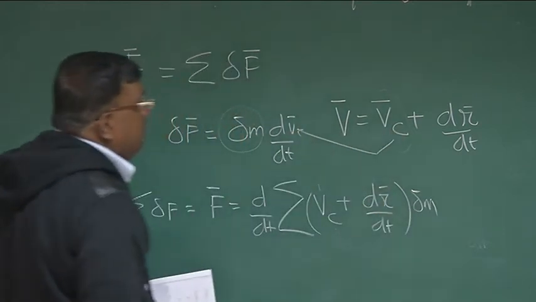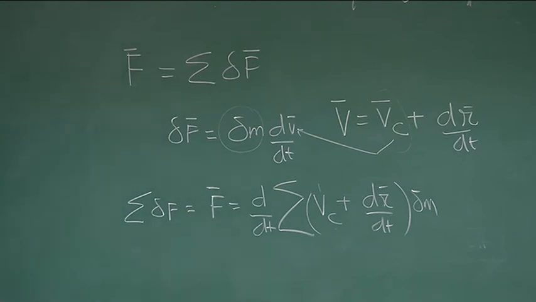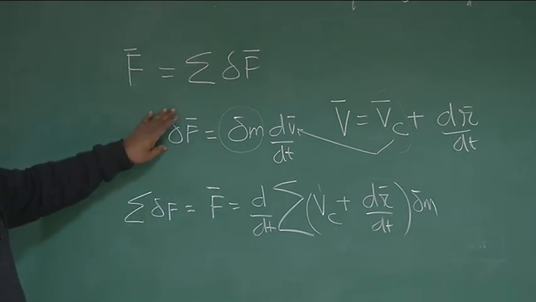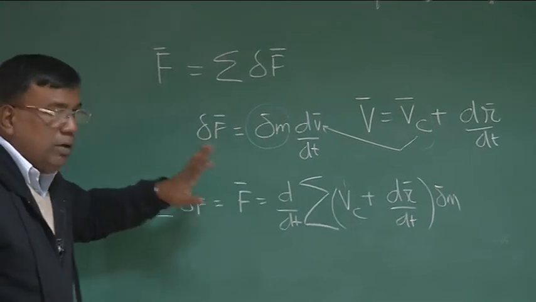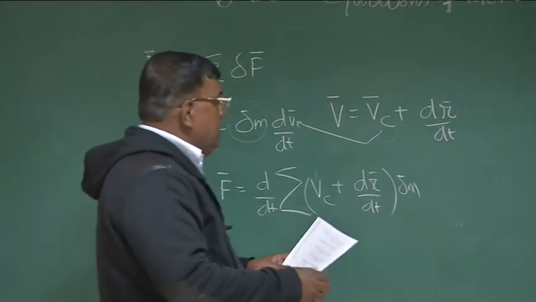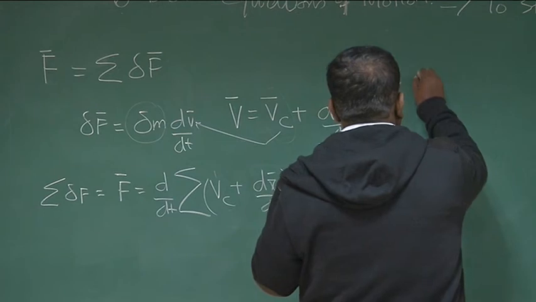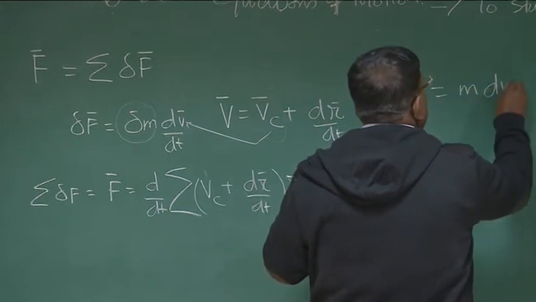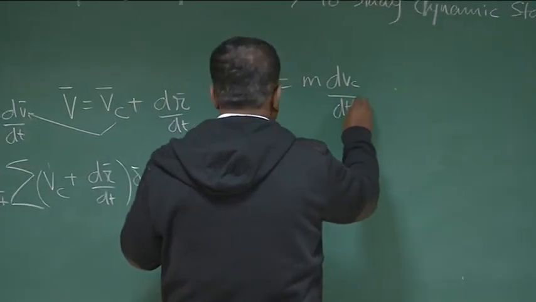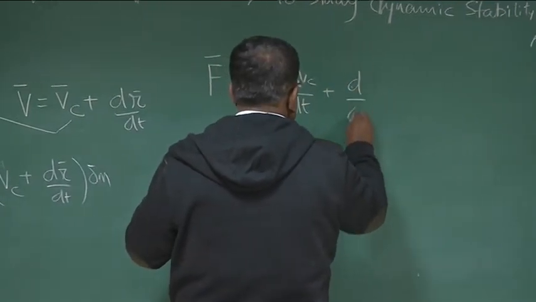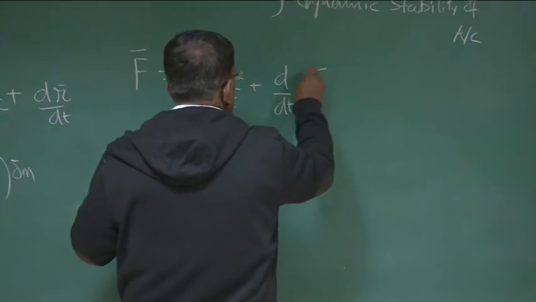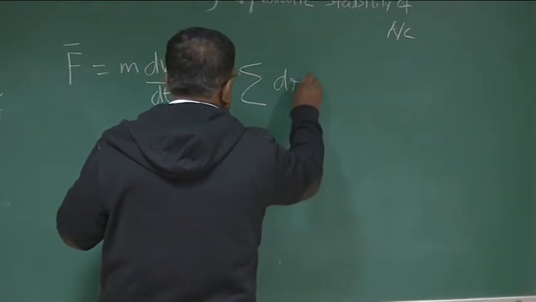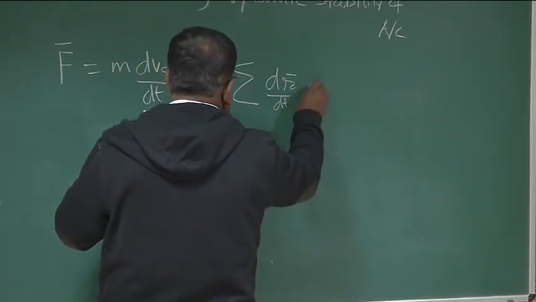This was the force on a single element. Summation means total force. So after this, what happens? If I expand, then I get F equal to m dVc by dt plus d by dt of summation of dr by dt into delta m.